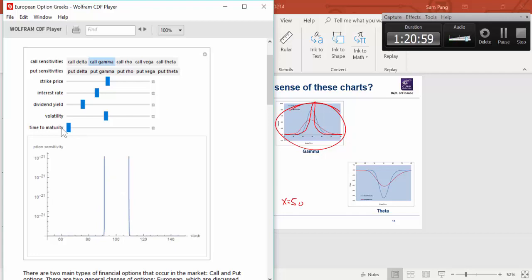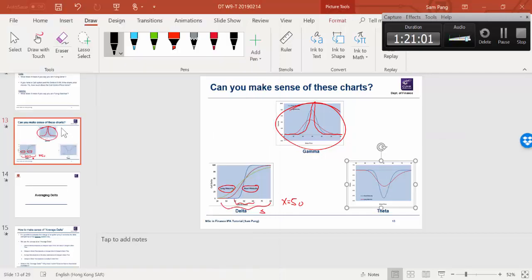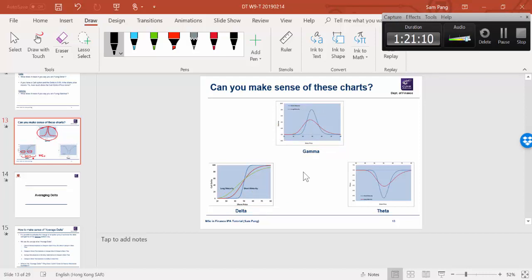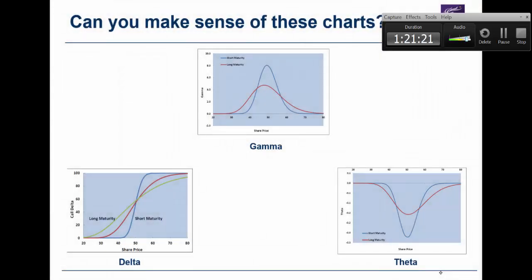Okay? Now theta is an interesting one. First of all, what do you notice about theta that makes it different from the other two Greeks? How is it different? It's upside down, right? Theta is always a negative value. Theta is the change in price per unit time.